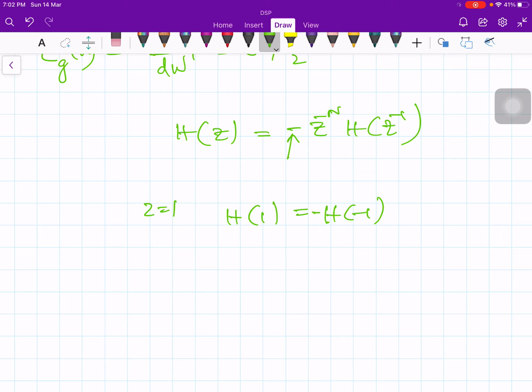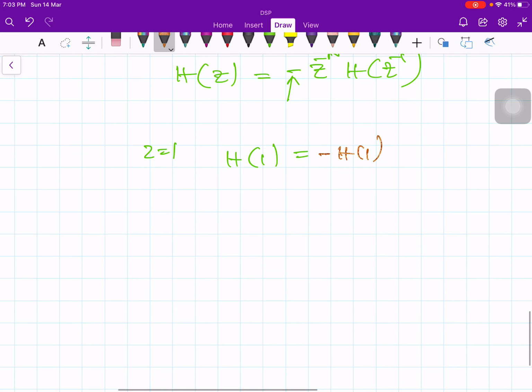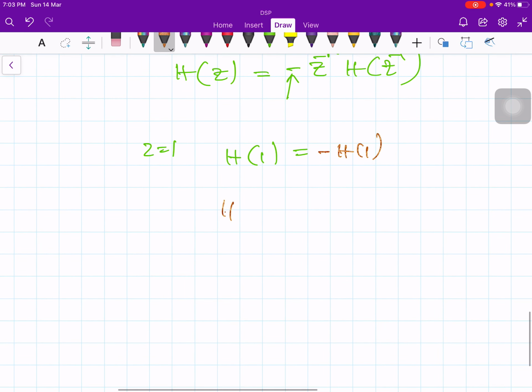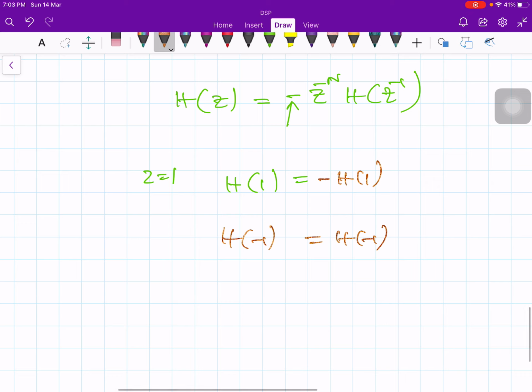I am really sorry. Substituting z equal to minus 1, no problem, because one minus sign is already there, that minus sign will be absorbed with this minus sign.